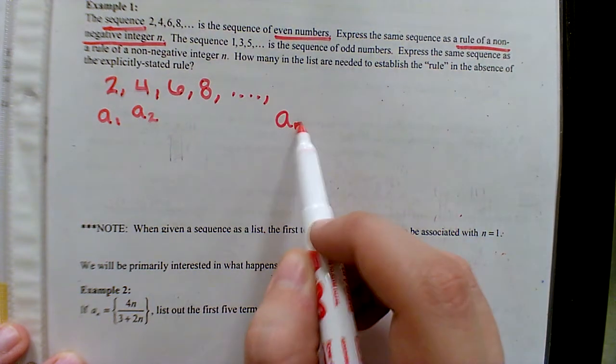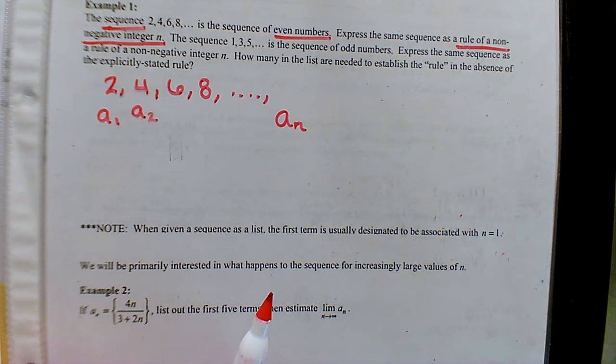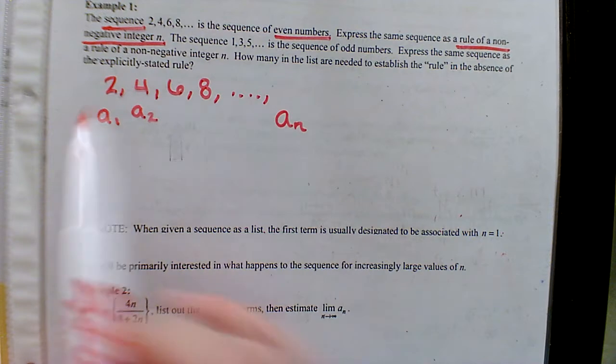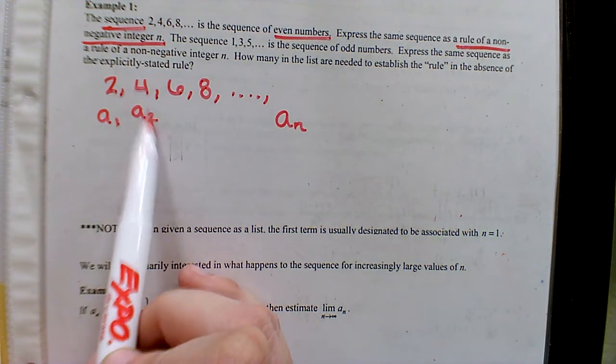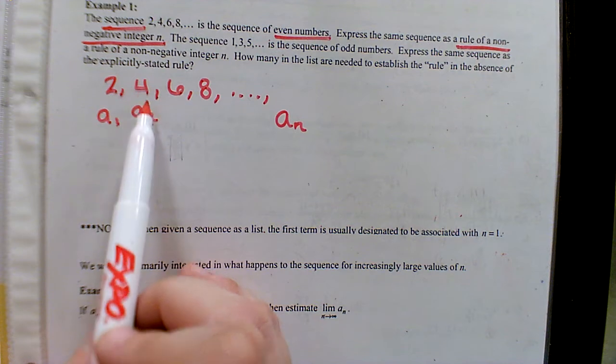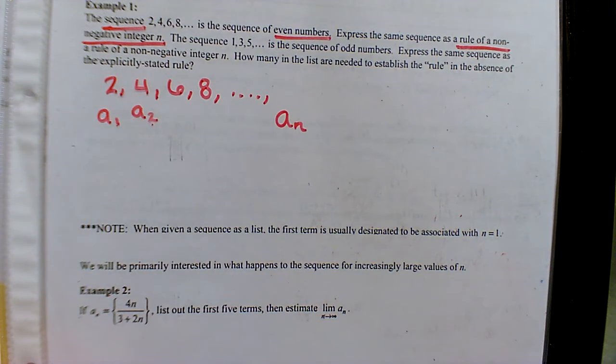What rule can we write to represent a sub n? So whatever rule you think of, if you plug in 1, you get 2. If you plug in 2, you get 4. If you were to plug in 3, you would get 6. If you plug in 4, you get 8.